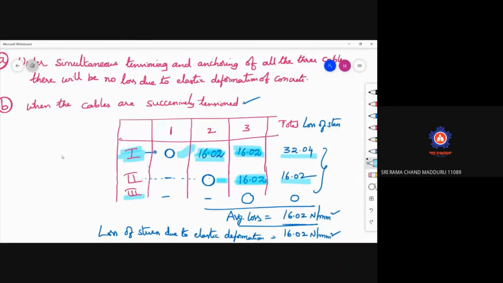You need to take the average, so the summation of these three divided by 3 gives the average loss. This is the value corresponding to the loss of stress due to elastic deformation in post-tension beams.